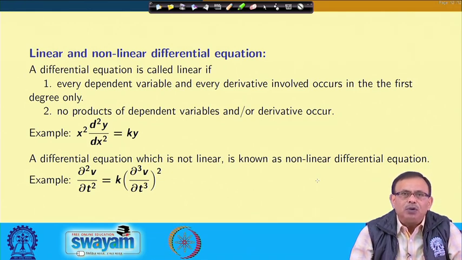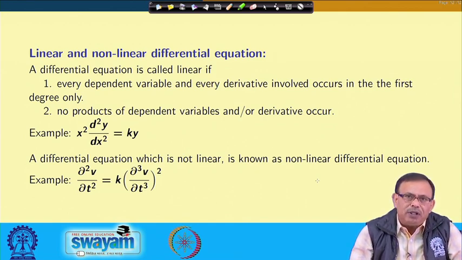Please see that we have used the whole square here, therefore it becomes nonlinear. So if the partial derivatives and the dependent variables occur in the first degree only, then we call it linear, otherwise it is nonlinear.